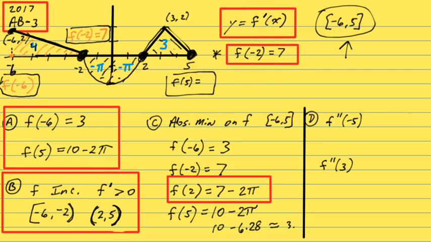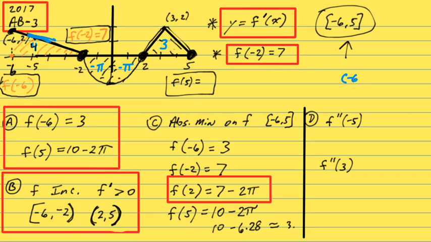Okay, part D wants the value for f double prime of negative 5 and f double prime of 3. We're given the graph of y equals f prime, so f double prime would be the derivative of this graph, or the slope. At negative 5, that's this point right here, and it would have this slope. So I could do y minus y between these 2 points.